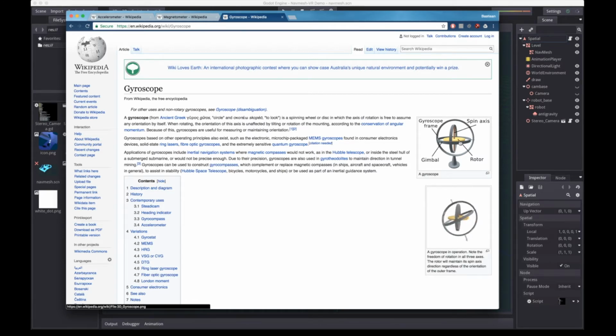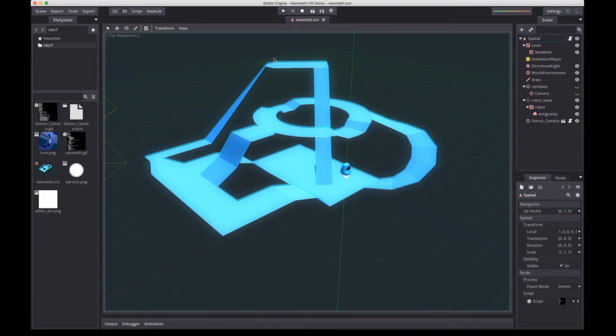Let's get started. We're inside Godot, and the easiest solution, I guess, should be to put all the logic inside of our stereo camera scene. But looking ahead a little bit, I am going to split out the orientation code into its own module so that you can use them independently of each other.